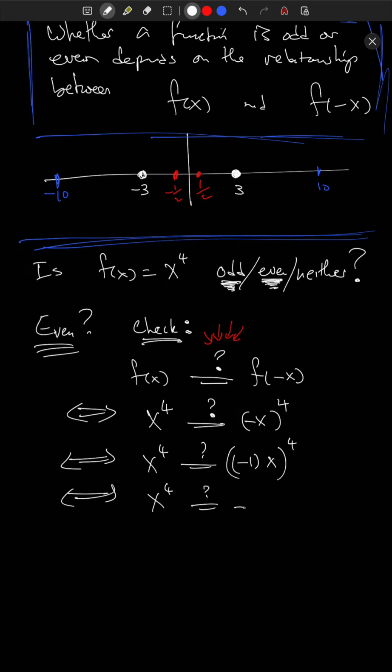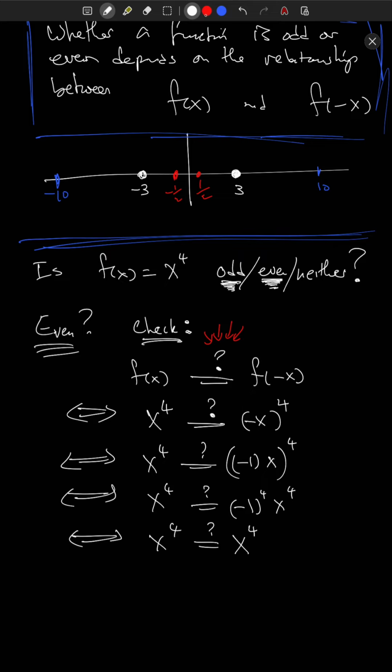Is it equal to minus 1 to the fourth times x to the fourth? That's how powers work. And so this is the same as x to the fourth. Is this equal to, well, minus 1 to the fourth is 1, right? Because minus 1 squared is 1, minus 1 cubed is minus 1, and then minus 1 to the fourth is 1. So this is the same as asking, is x to the fourth equal to x to the fourth?